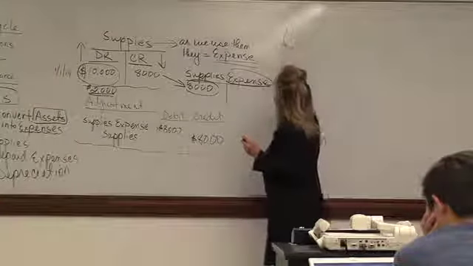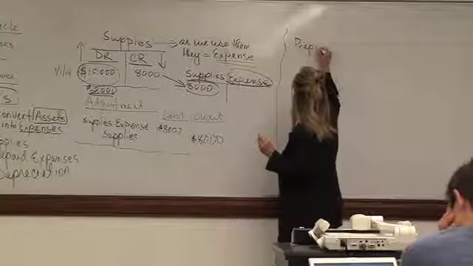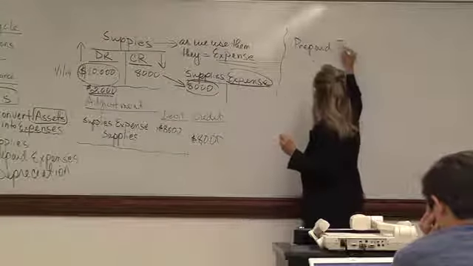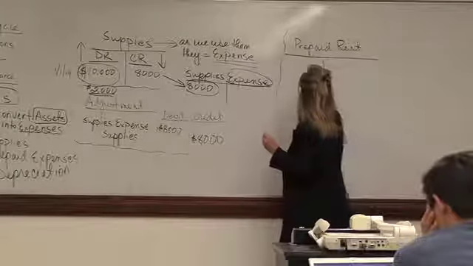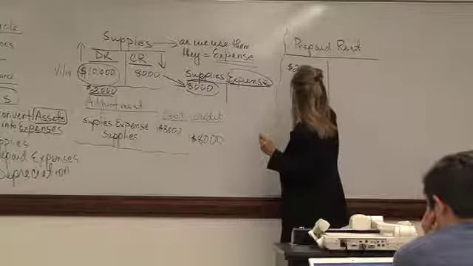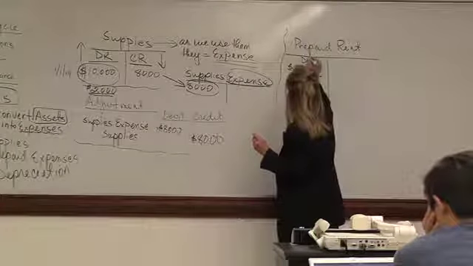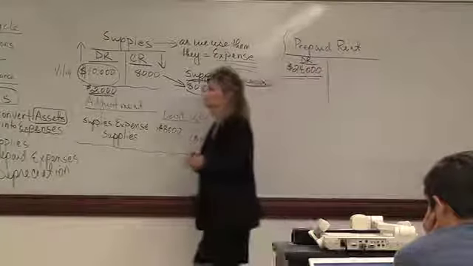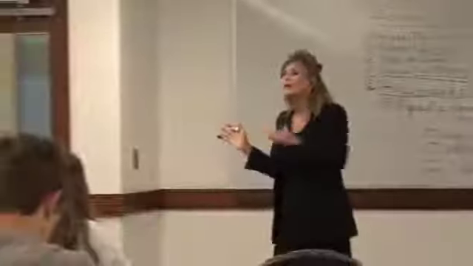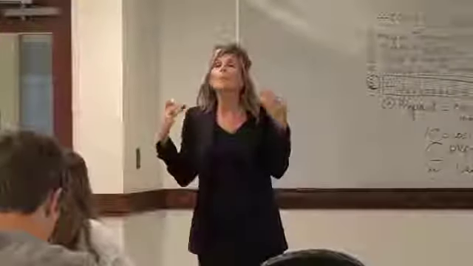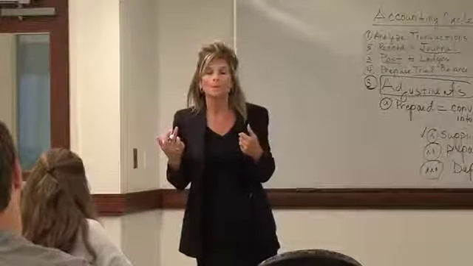So let's pretend we have the same company, and what they did is they prepaid their rent in advance 6 months, and they prepaid $24,000 in total. $24,000 over a 6-month period would mean the monthly rent is $4,000. Okay?